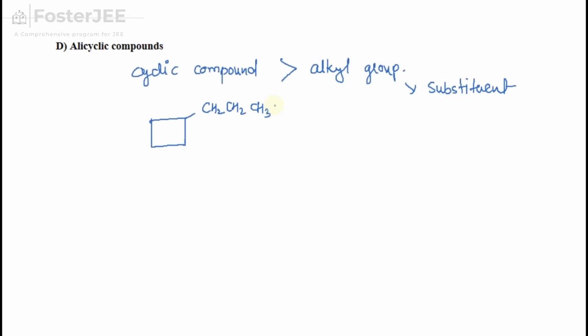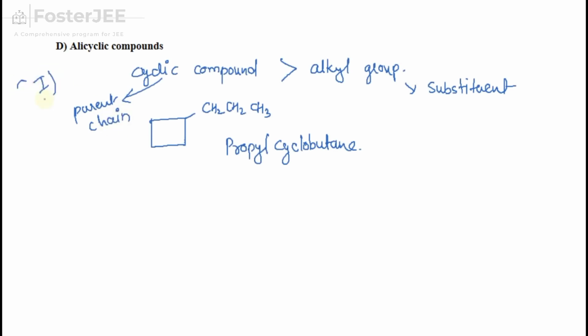So this alkyl group will act as the substituent group, and the name of the compound is propyl cyclobutane, because the cyclic compound will be the parent chain. This is the first case.